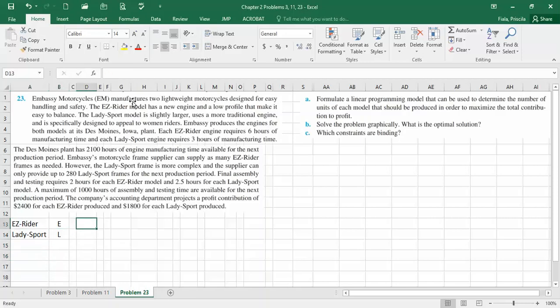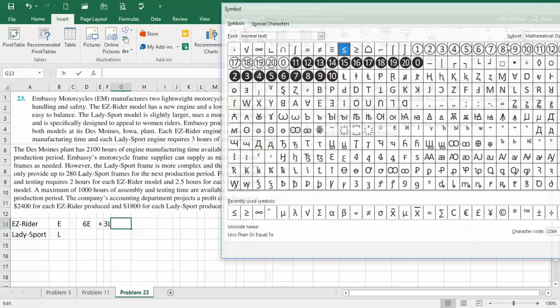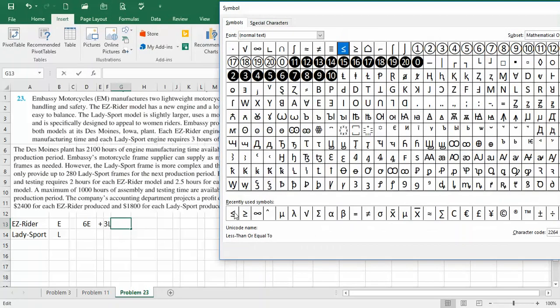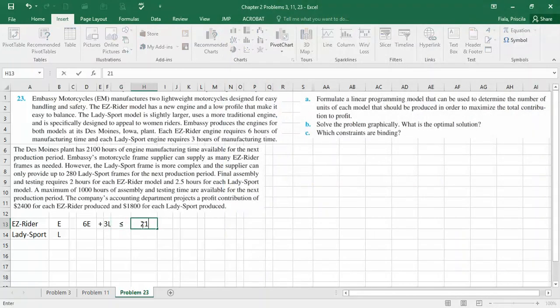They're saying we have 6 hours of manufacturing time for Easy Rider, and then we have 3 hours for the Lady Sport engine manufacturing time, correct? And this cannot be higher, it has to be less than or equal to 2,100, because that's the maximum they have. Okay, so let's close here, 2,100. That's our first constraint right here.